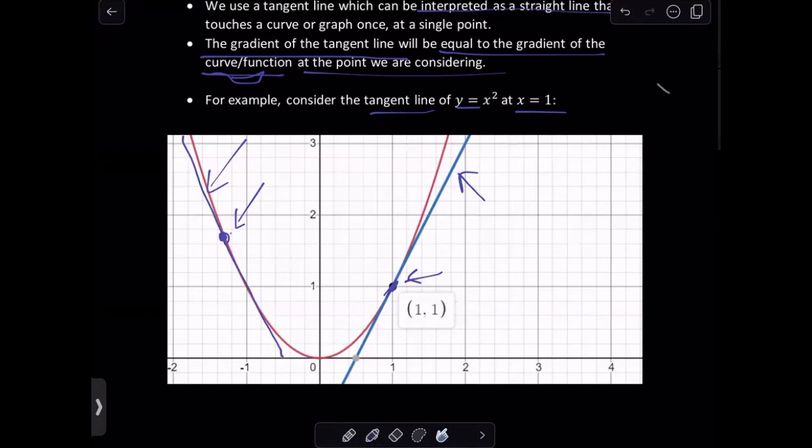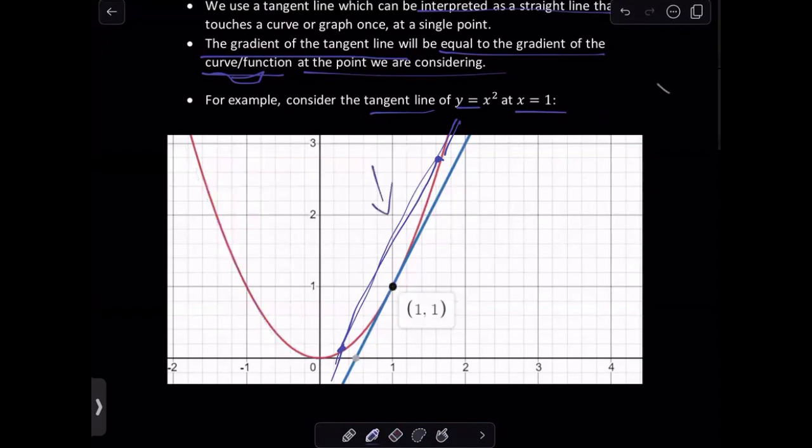Okay, and I want you to notice here, we are considering gradient at a single point. We are no longer taking 2 points on the curve and calculating the average gradient between these 2 points. That is where you would take y2 minus y1 over x2 minus x1. This right here is average gradient.